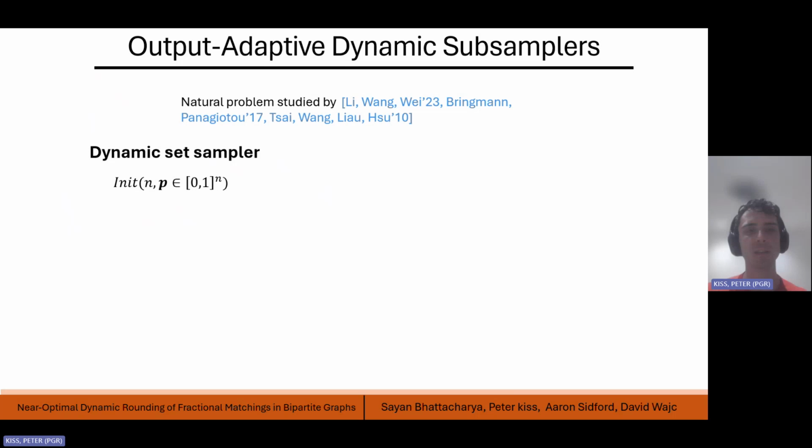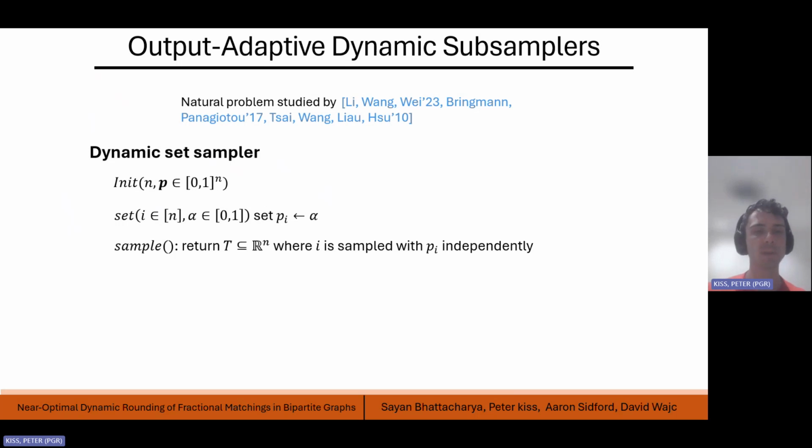It can initialize, with some size n and a probability vector of size n. It supports a set operation where you can change the value of this probability vector. But most importantly, it supports a sample operation where it returns a subset of the numbers between 1 and n, and i is sampled with probability p_i independently from the others.